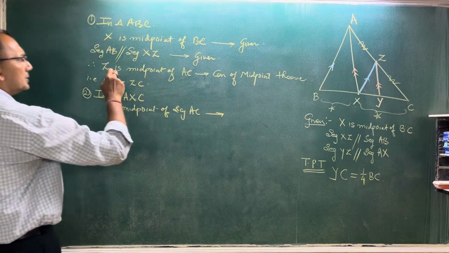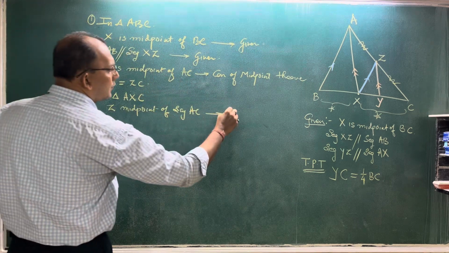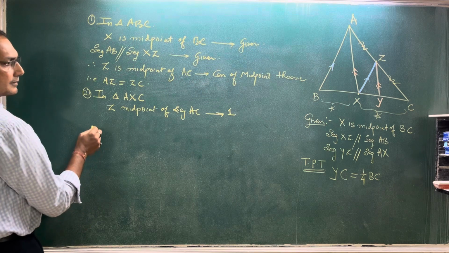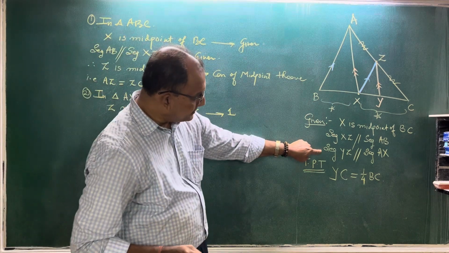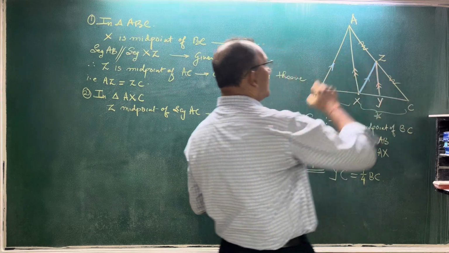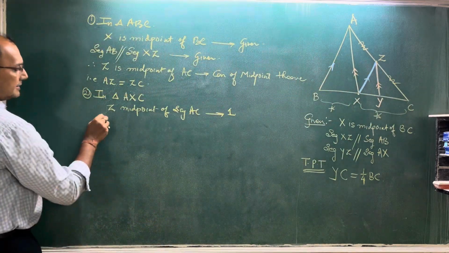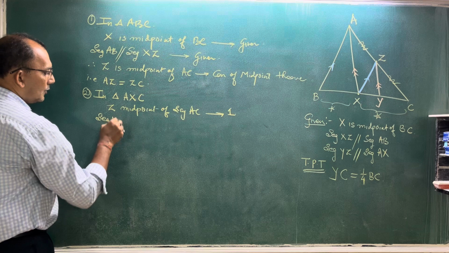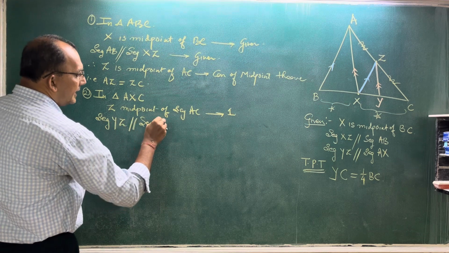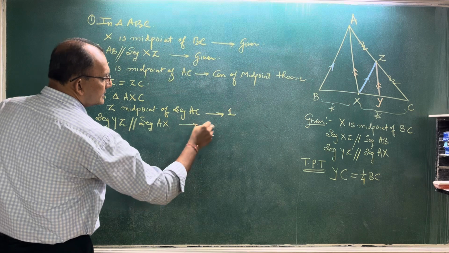We have just proved it here in statement number 1. Next, second part of given. It's given that YZ is parallel to AX. Seg YZ is parallel to seg AX. This is given.